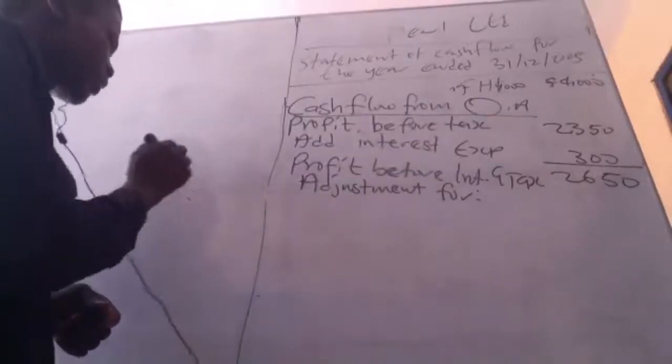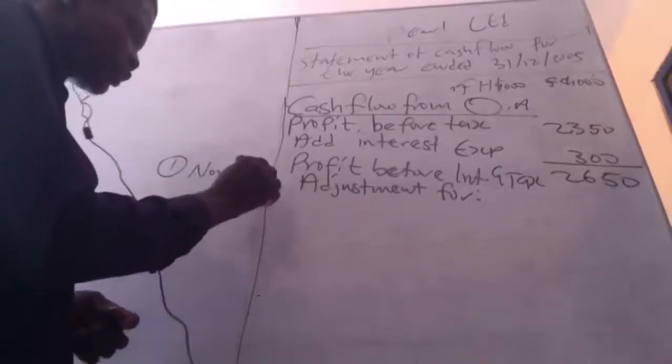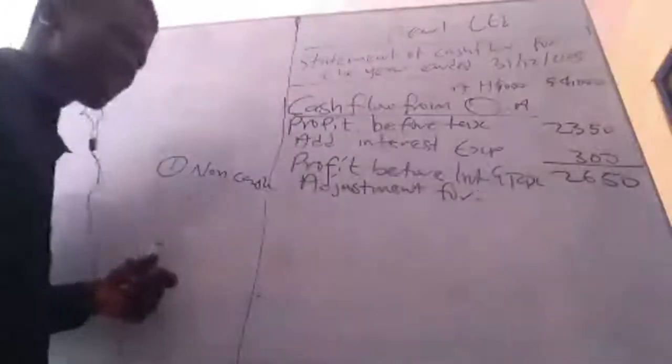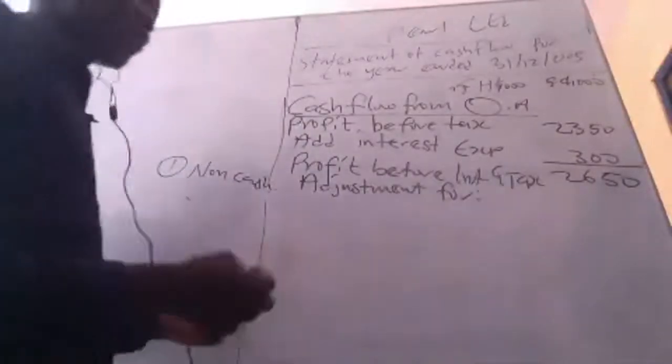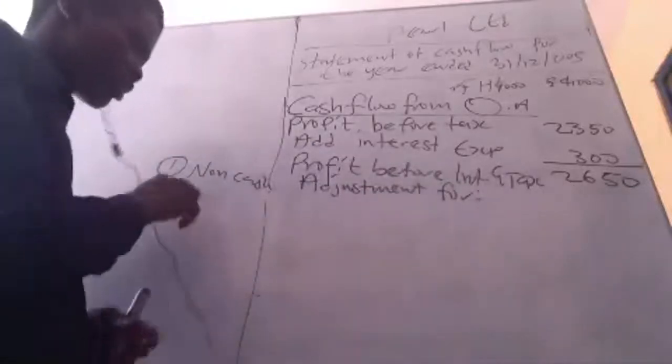Oh yeah, let's reverse it. Non-cash item, such as depreciation. Have they charged depreciation to this? Is there any item which they've not paid cash but has entered this profit? Let's reverse it.